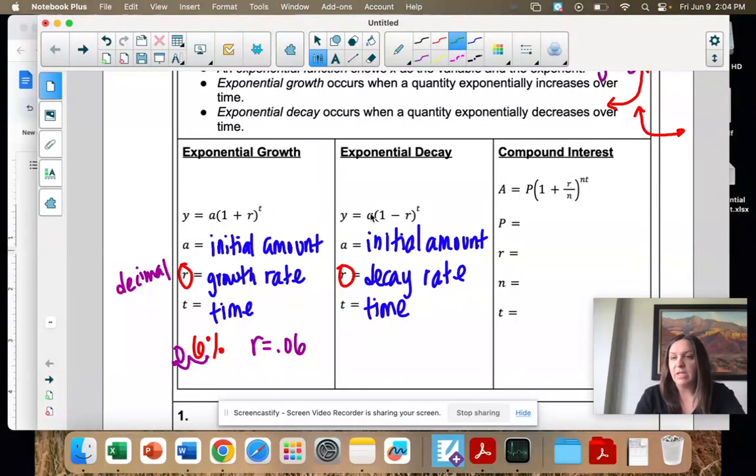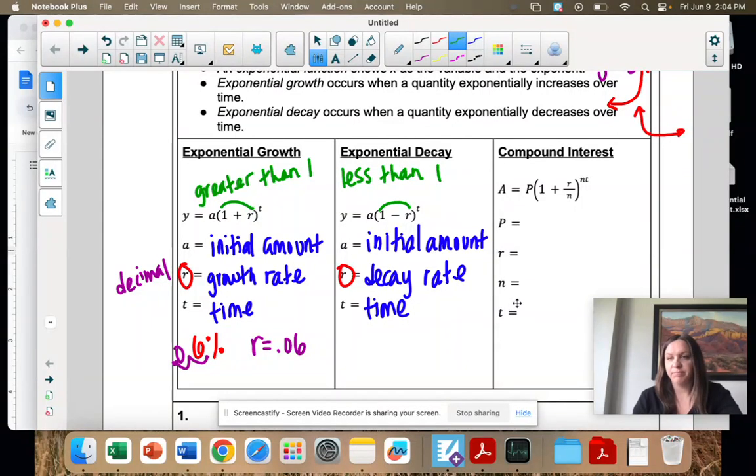So if you see just a random equation, the way you tell if it's growth or decay is you look at what's in the parentheses. So the 1 plus r, 1 minus r, if this value is greater than 1, then it's growth. If it's less than 1, it's decay.